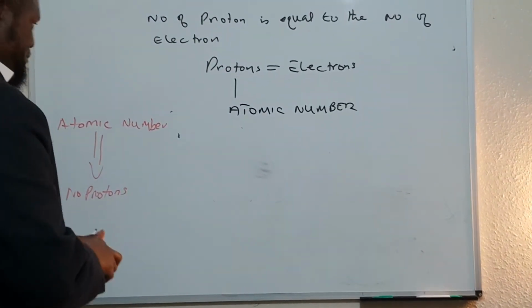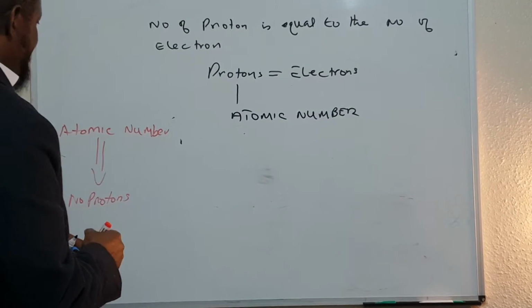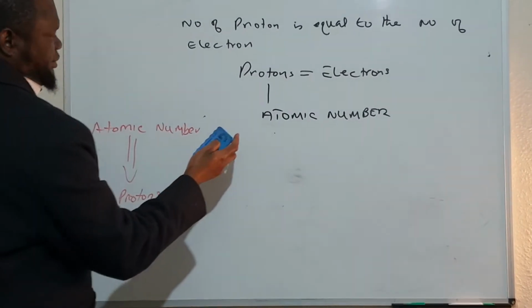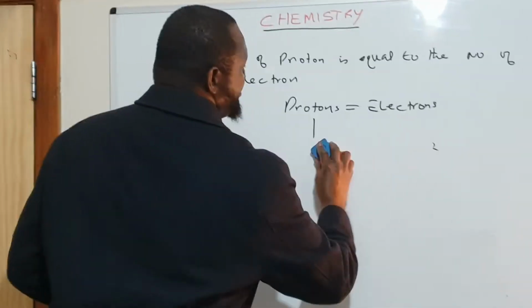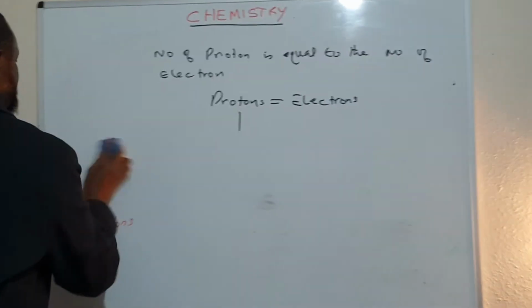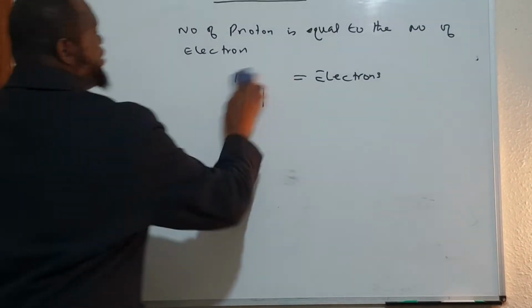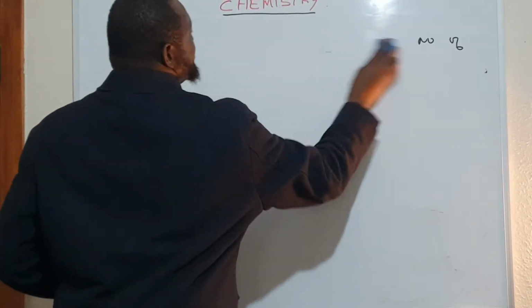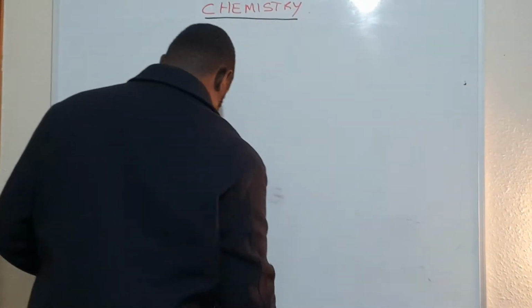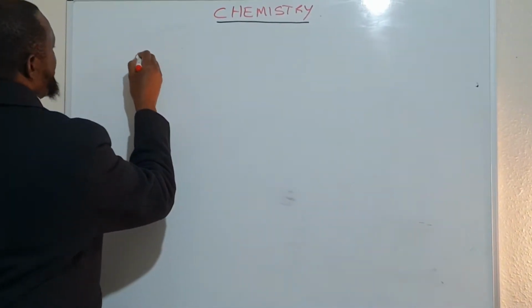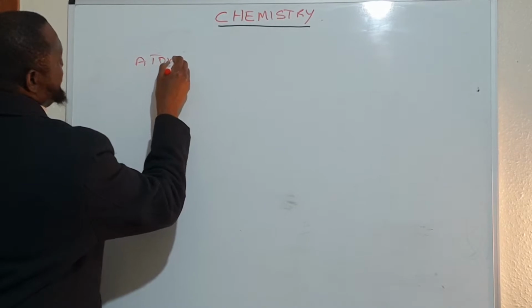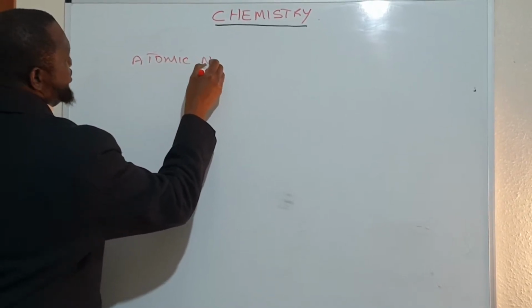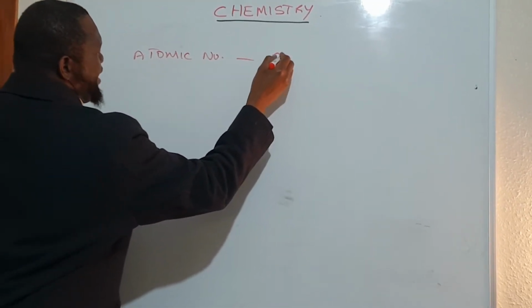Okay, so there are 2 terms here. You got this number of protons, atomic number. Now there are 2 terms you have to know. First of all, we have the atomic number. You just write it as AN.